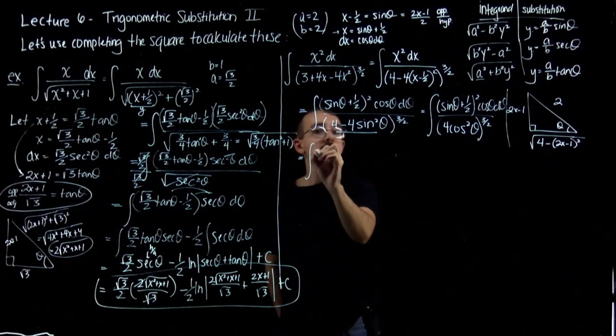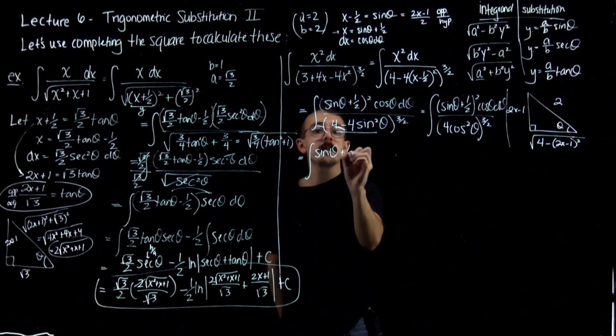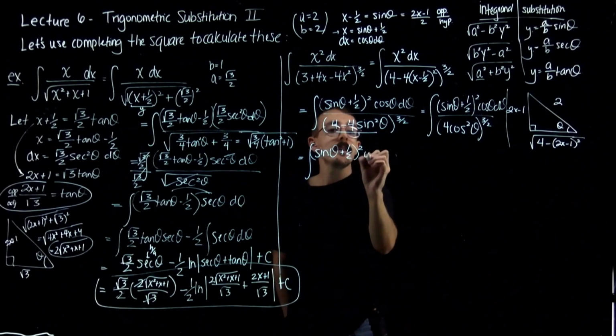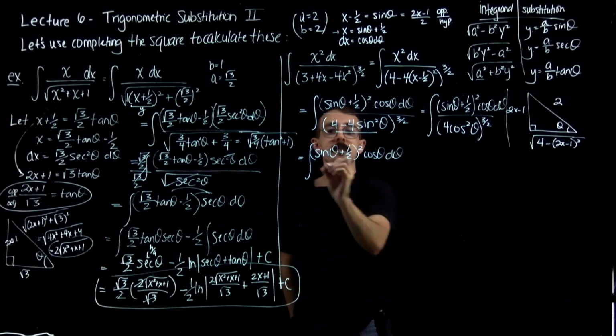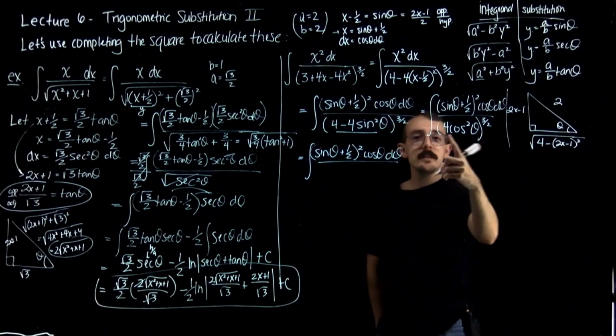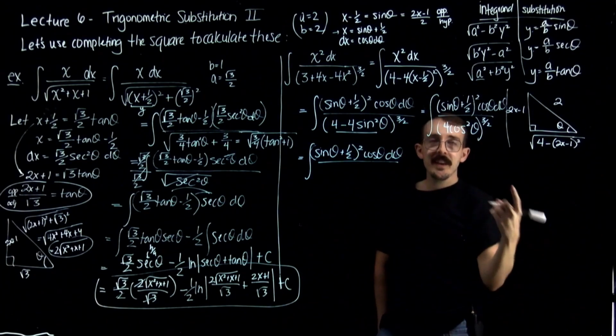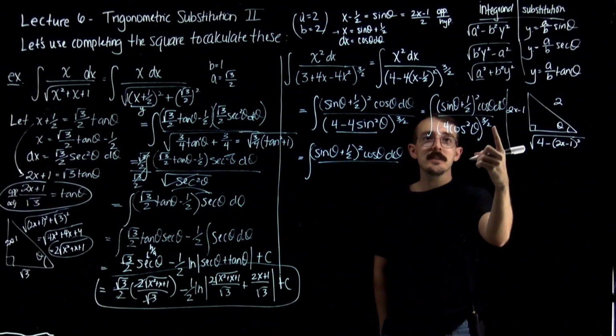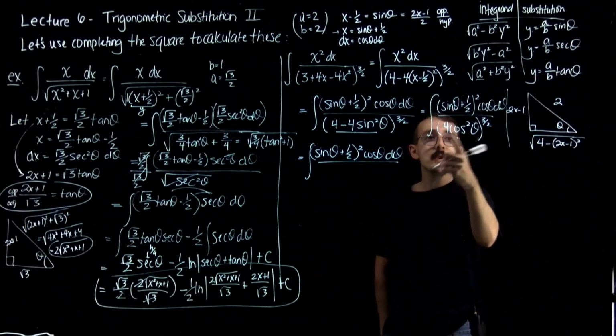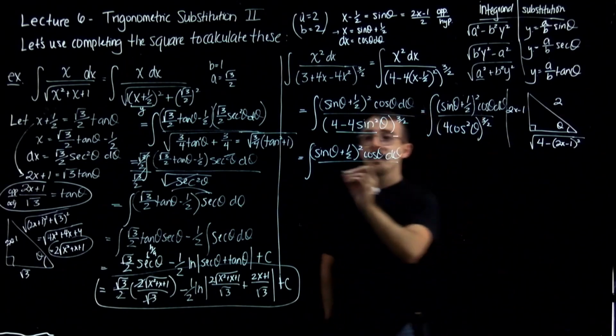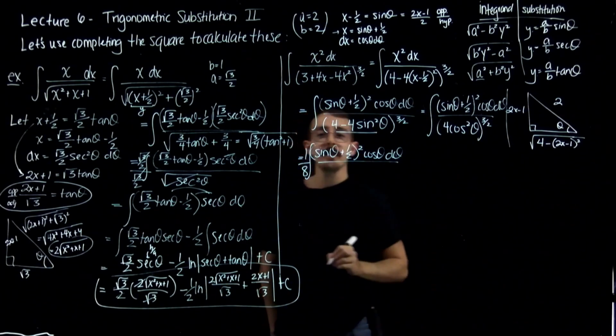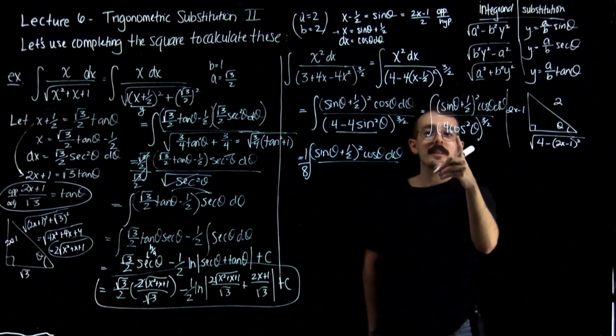So here I'm just going to do (sine theta plus 1/2) squared cosine theta d theta. I'm going to take 4 to the 3/2 power. The way I do it is I take the number on the bottom first. Square root of 4 is 2, and then 2 cubed is 8. So I get an 8 in the denominator. I'm going to instantly throw that out of the integral.